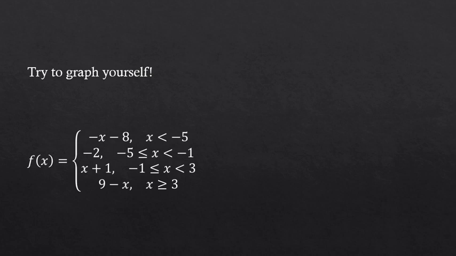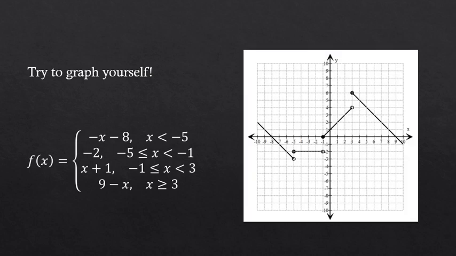All right, so let's see if your graph was indeed correct. This is what you should have gotten. For x less than minus 5, you have minus x minus 8. For x greater than or equal to negative 5 and less than minus 1, we have negative 2.